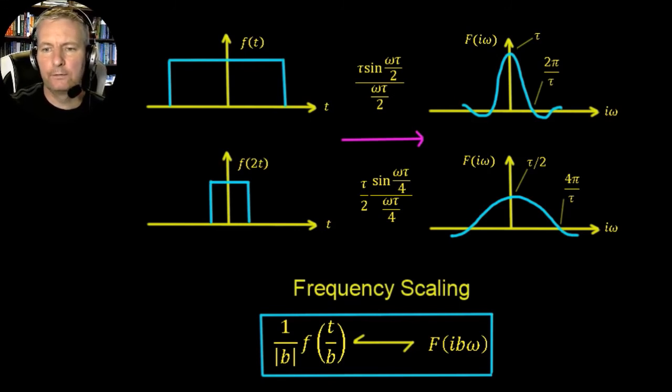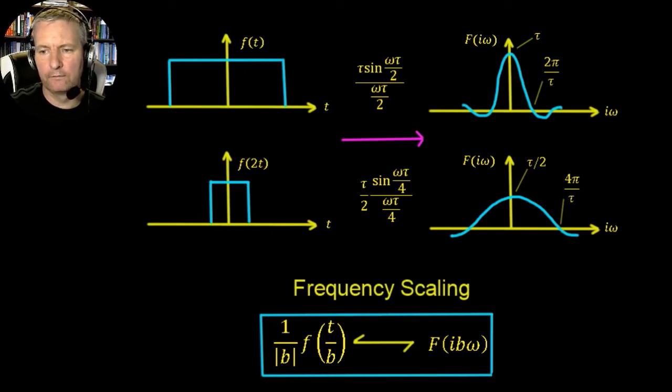So then if we were to scale this by a factor of 2, so now we've got f of 2t, then it's equivalent to squeezing this down, so that's the function we get here. So we're saying then that the Fourier transform of that is going to be 1 upon the absolute value of the scaling factor, which is 1 upon 2, so we end up with tau upon 2, and here we'll end up with sine of omega tau upon 4, all upon omega tau upon 4.